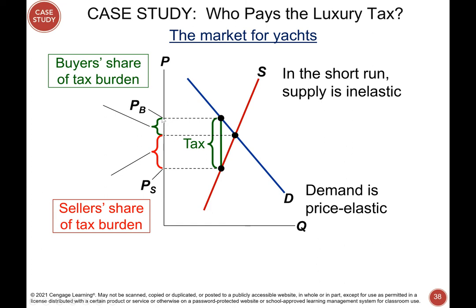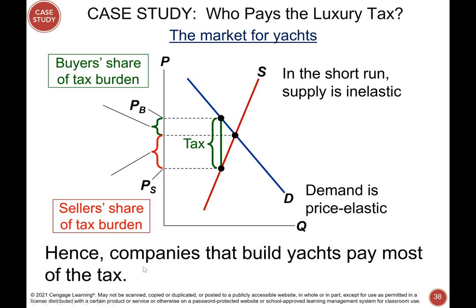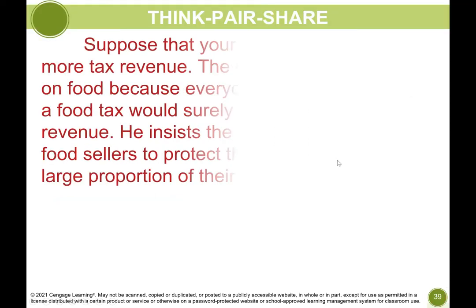They don't pay much of that tax. This is the seller's share of the tax. And these are the people who are hiring those poor people who are working at minimum wage, and they're now stuck with a larger share of the tax. So the companies that build yachts are now paying most of the tax, as we have seen.